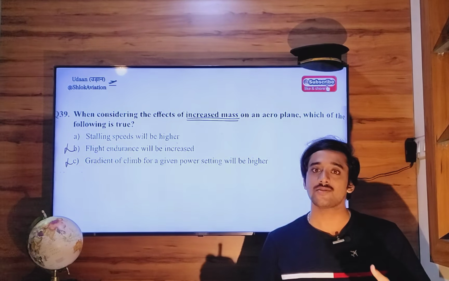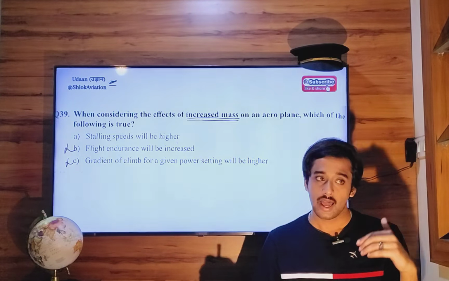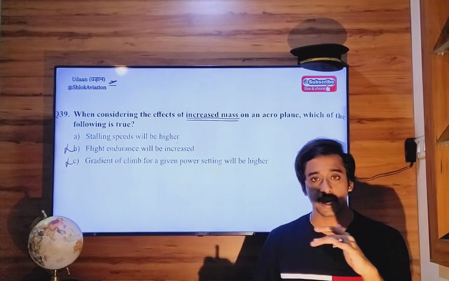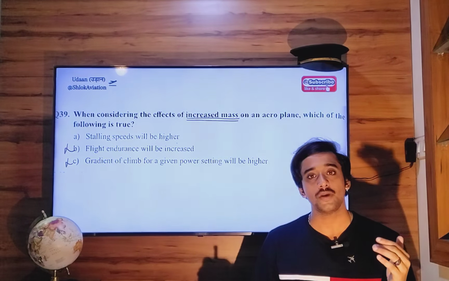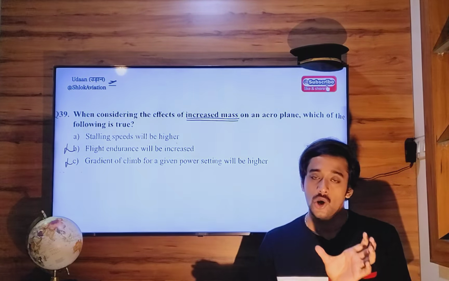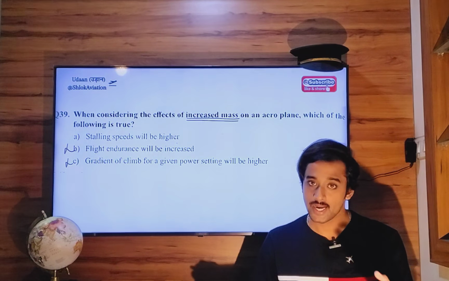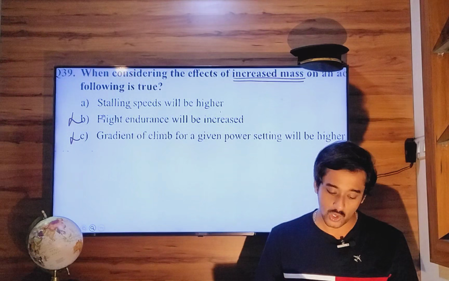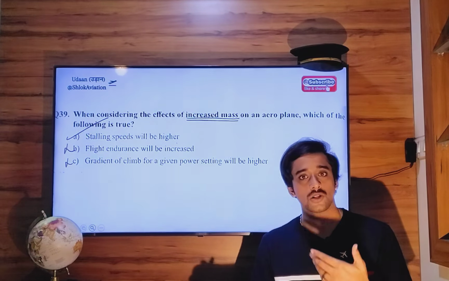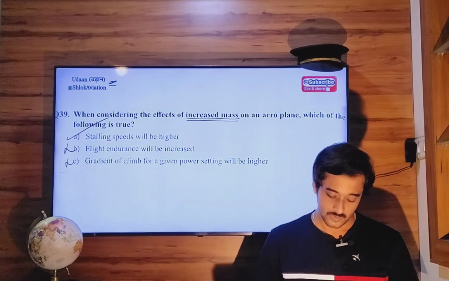So heavier aircraft will have a lower climb gradient. They will not be able to achieve large vertical distances in short horizontal distance because of their weight. So the correct answer will be stalling speeds will be higher. Always remember, weight increases, stall speed increases. Okay, next.